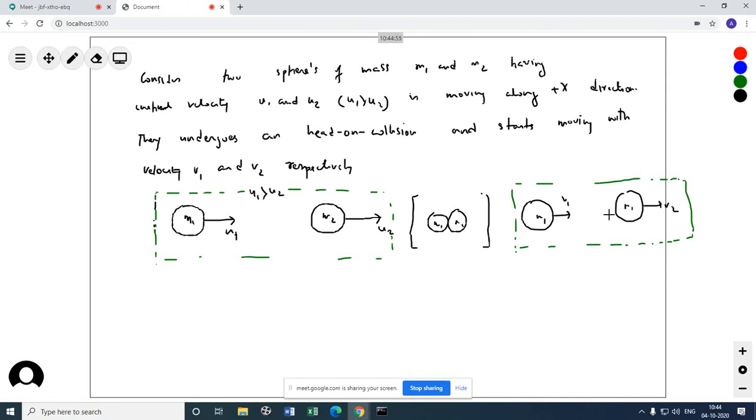So what we can write: during collision, the spheres impart equal and opposite forces on each other.